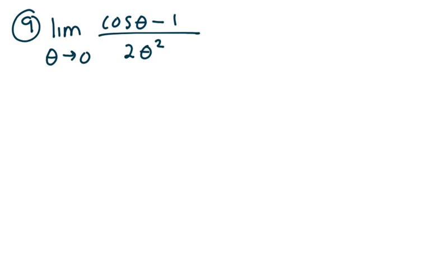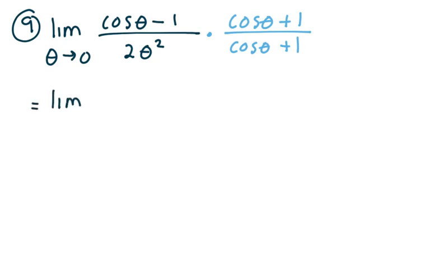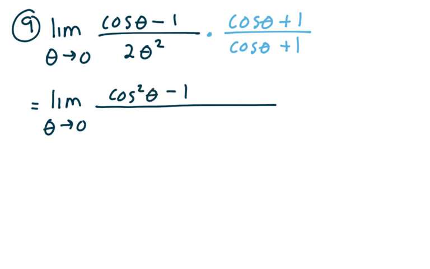So I'm going to multiply the numerator and denominator by cosine theta plus 1. Okay? And so you get the limit as theta goes to 0 of cosine squared theta minus 1 divided by 2 theta squared times cosine theta plus 1.